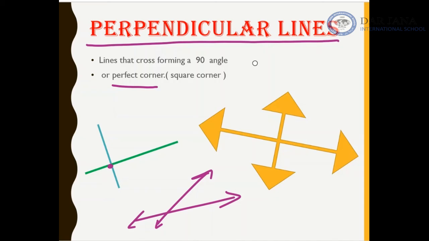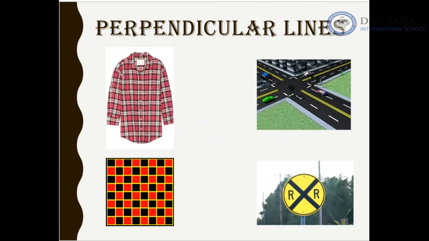Second, if I'm going to draw a perfect corner, can I do it? No. So these lines, I can't call them perpendicular lines, but I can call them intersecting lines because they met at this point. Here are some real-life examples about perpendicular lines.